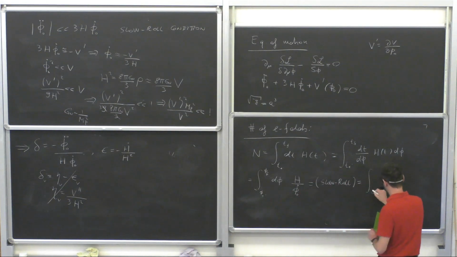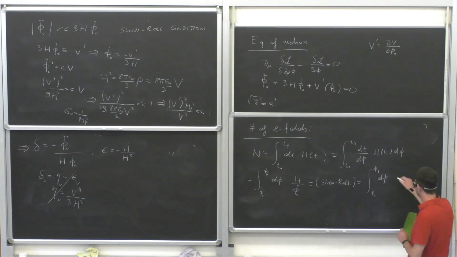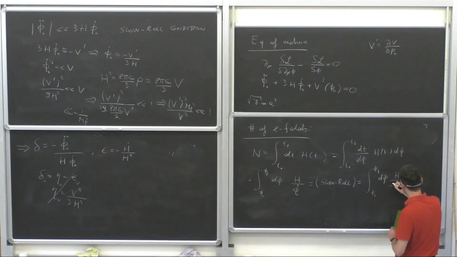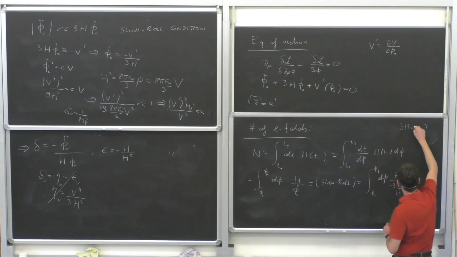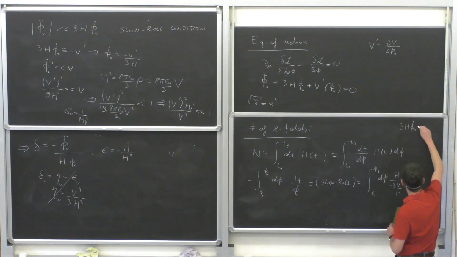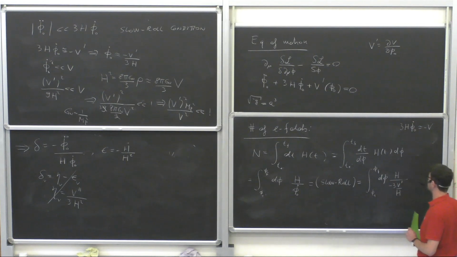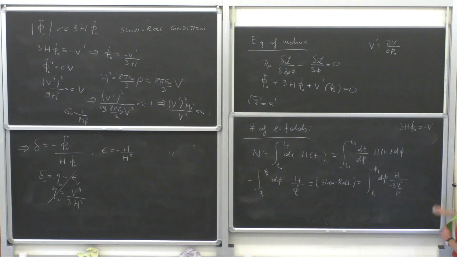And here I have d phi, my variable, and then H divided by minus V prime divided by 3H, because I use the fact that 3H phi dot 0 in slow-roll is approximately equal to minus V prime. So phi dot 0 is minus V prime divided by 3H.